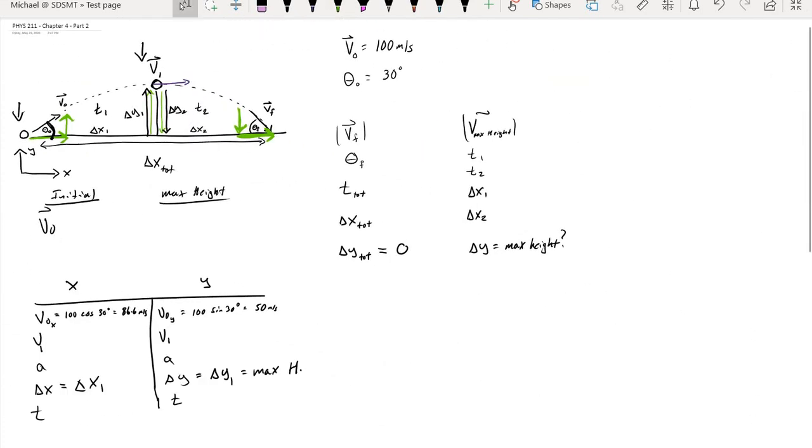So the y component of our velocity at the maximum height is 0, but there's still going to be an x component. I'm not exactly sure what that's going to be, so we might want to leave that alone for right now until we get some more information.